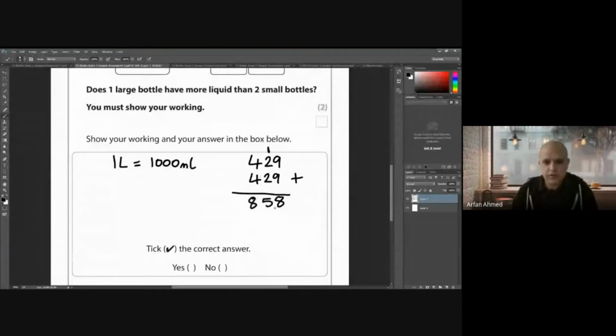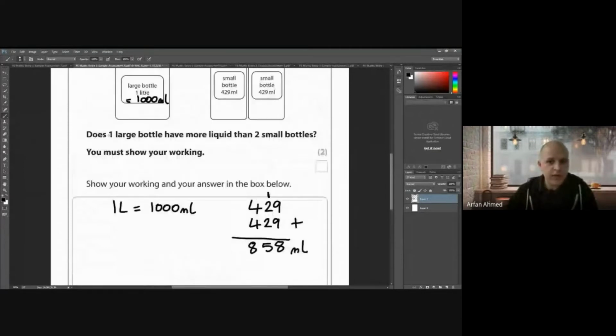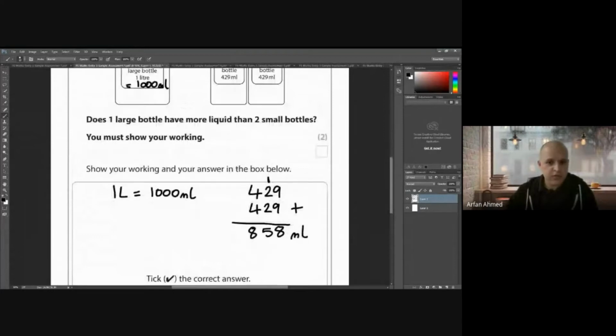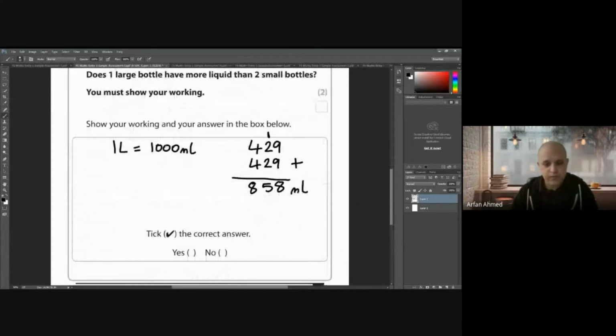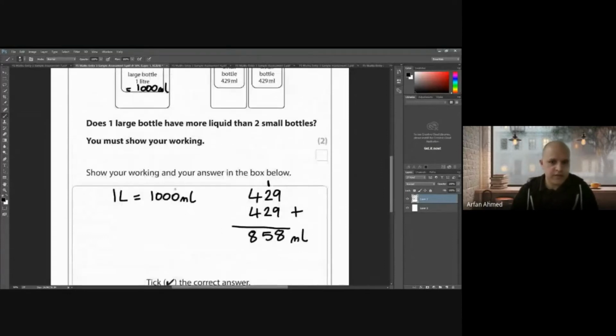So 2 small bottles gives you 858. 1 large bottle is 1,000. Does 1 large bottle have more liquid than the 2 small bottles? Yes, it does. Yeah, so now you can compare the 2. Definitely the large one's got more. You tick that. There's your answer. Yeah, but this is essential. You need to know this. Let me highlight it.